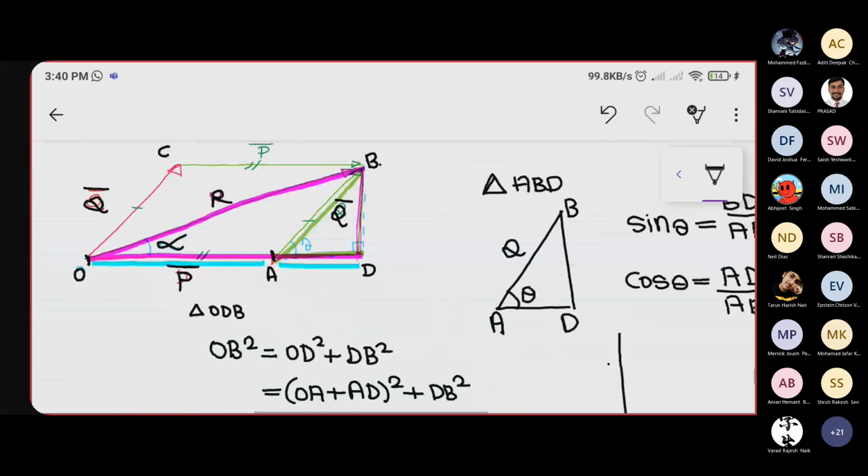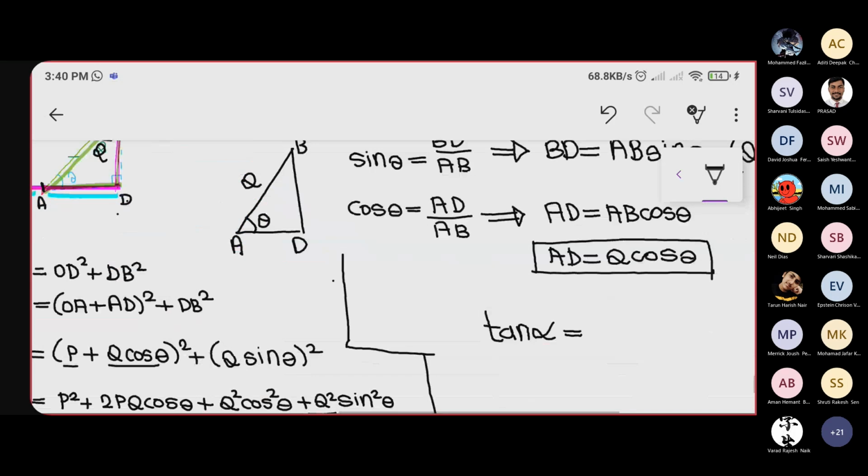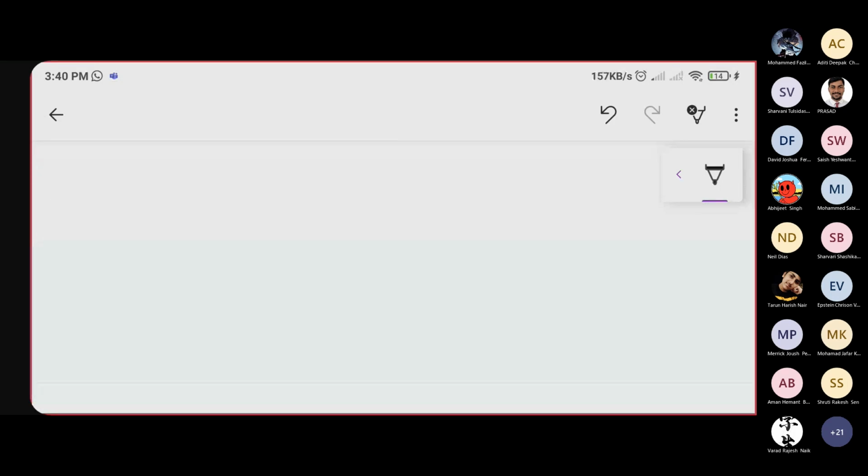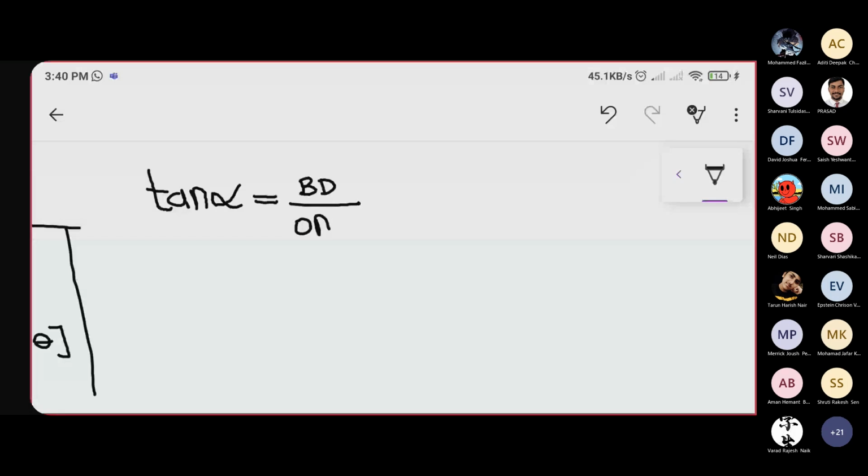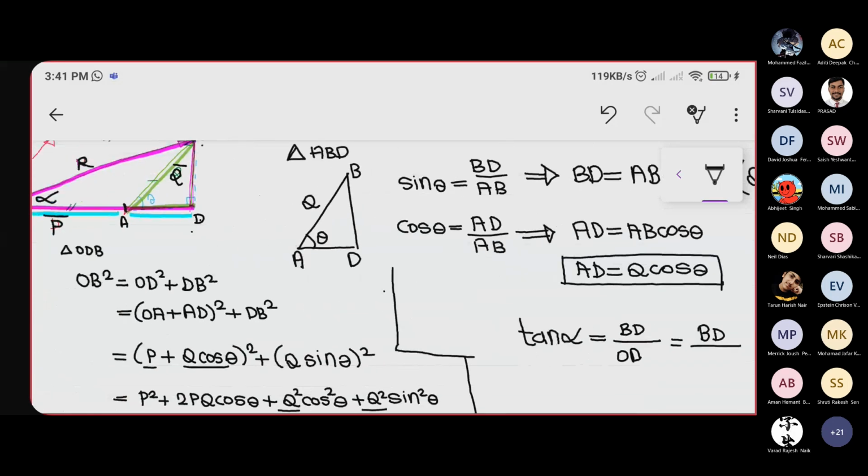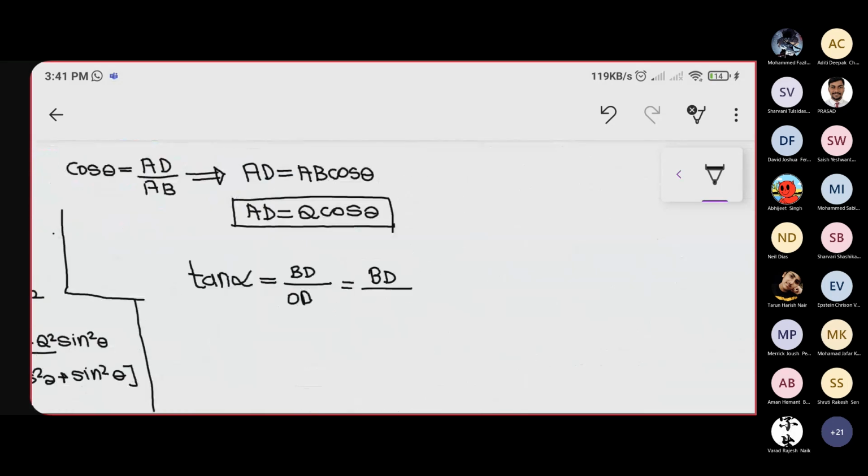Tan means what? Opposite side divided by adjacent side. That is BD divided by OD. So tan alpha is equal to BD divided by OD, and this OD we already used. It consists of OA and AD.